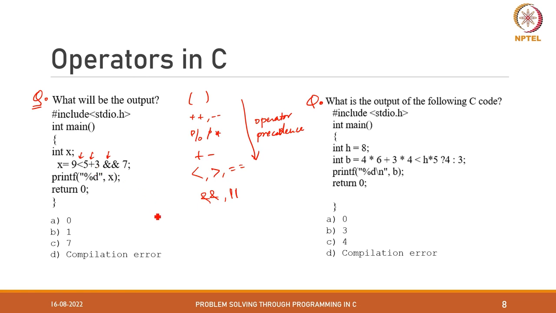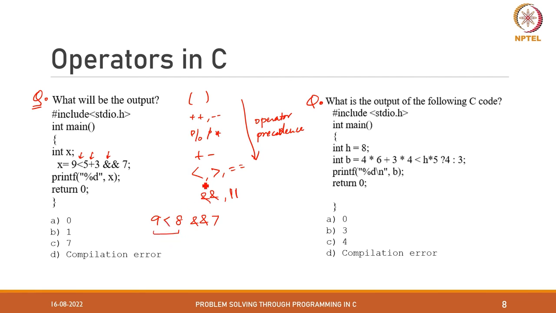Once you do the addition operation, your expression will read something like 9 less than 8 and 7. Now we have a less than operation and a logical and operation. The less than operator has a higher precedence than the logical and operator, so we will evaluate this part first.